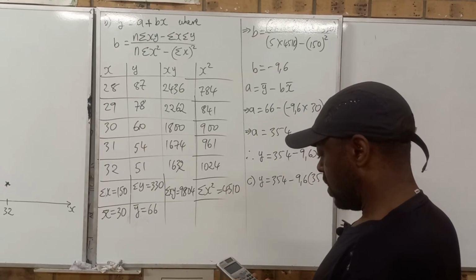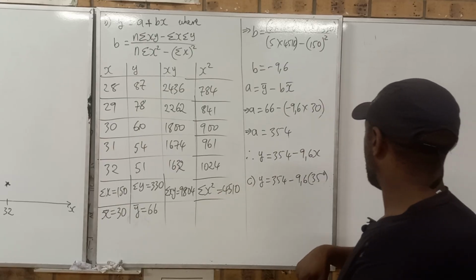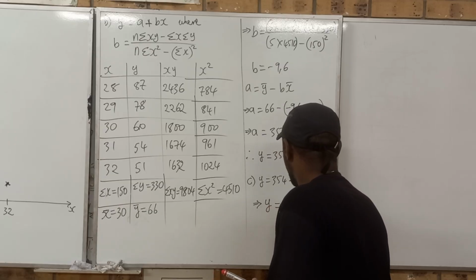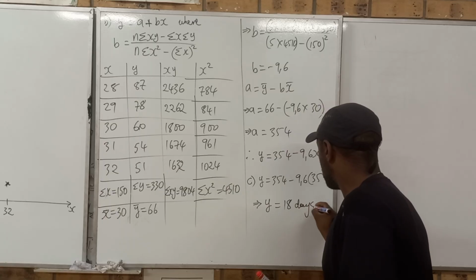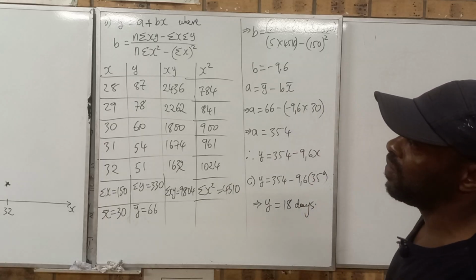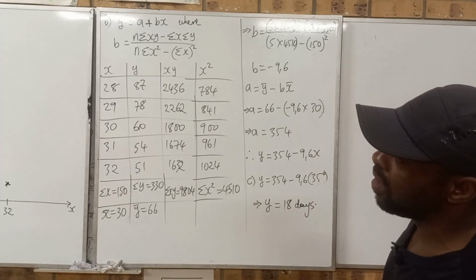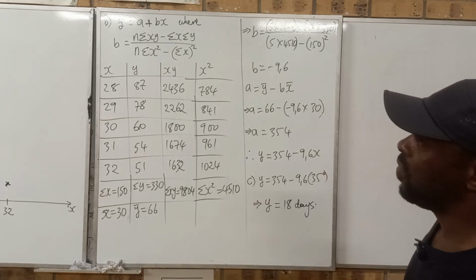So how many days? It takes us exactly to 18 days according to my calculator. So it tells me that it will take 18 days for the crocodile's eggs to hatch if the temperature is at 35 degrees. So guys, that is how it is from what we have seen.